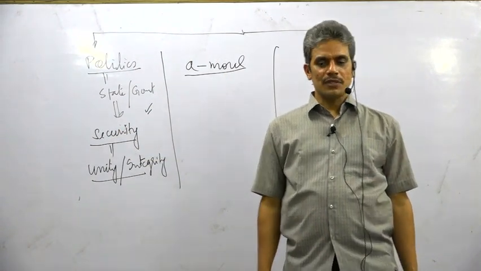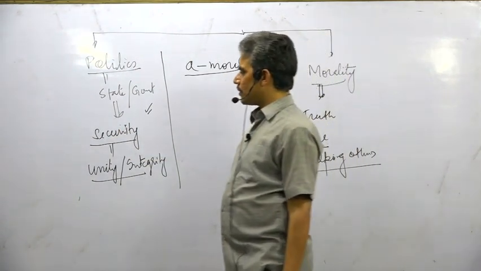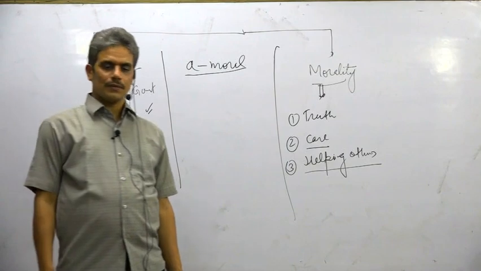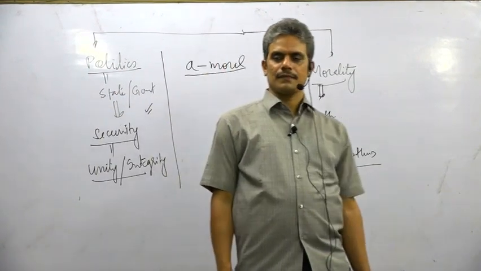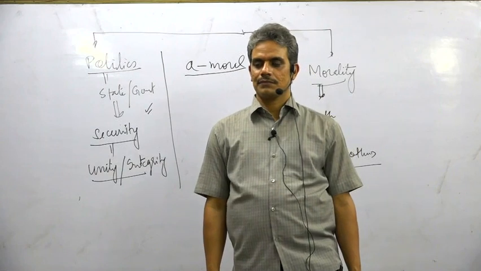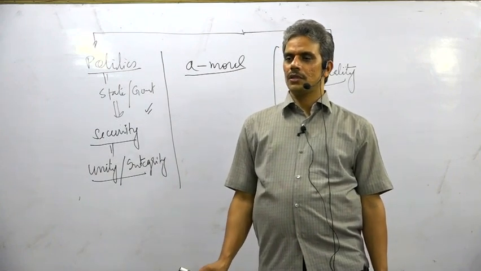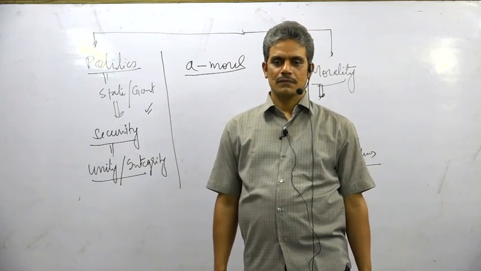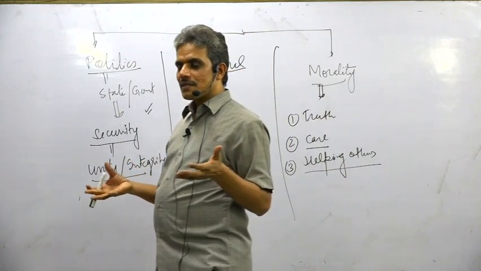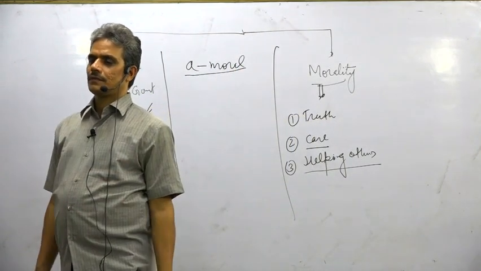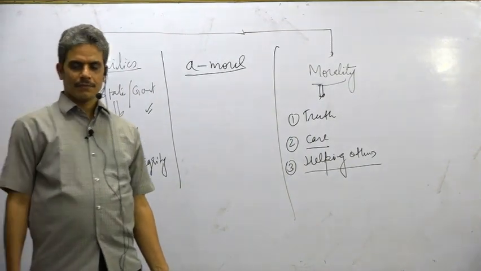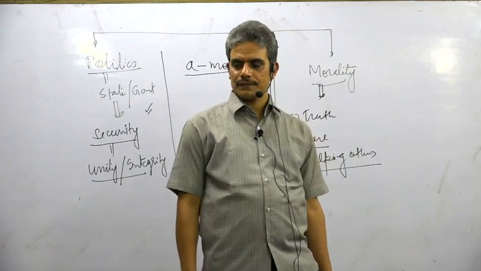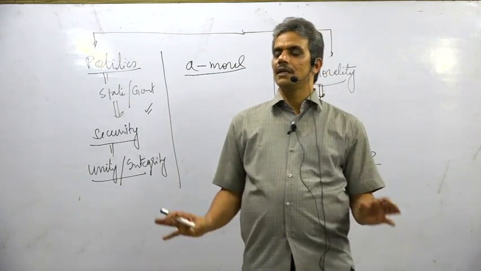Last point, 6 principles of Morgenthau. Morgenthau said that politics is an autonomous, underline, autonomous.